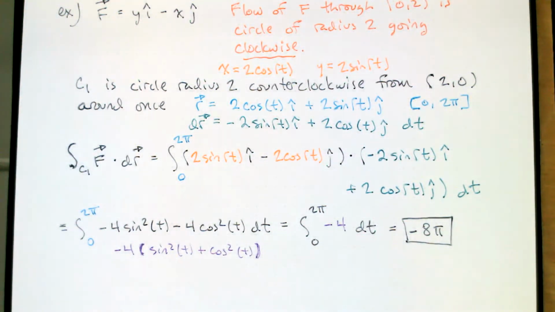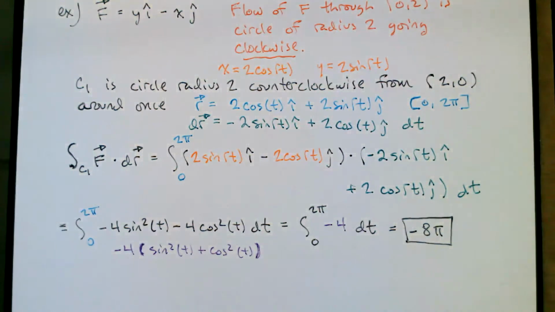So, as we predicted, we expected a negative value because the curve is going against the vector field at all those points. So, negative as expected.